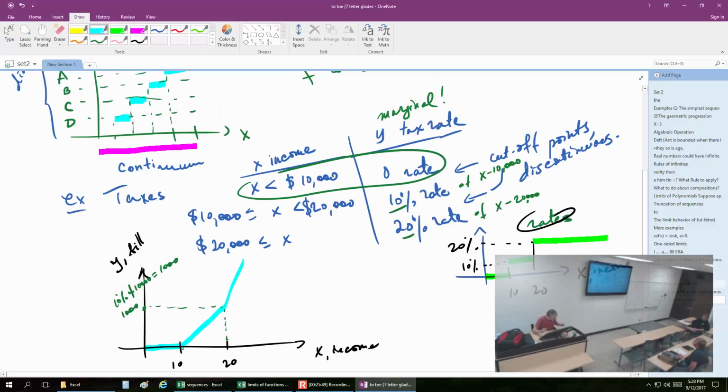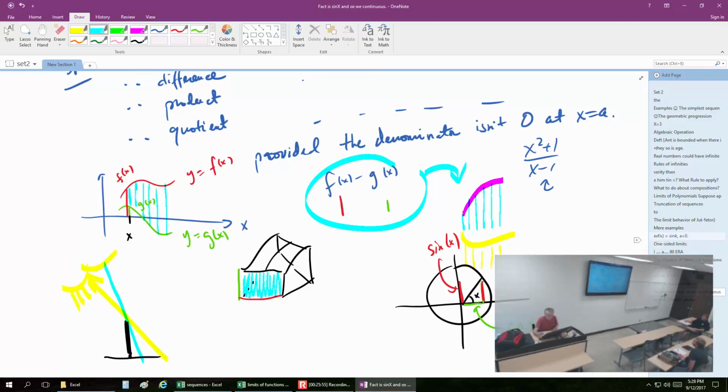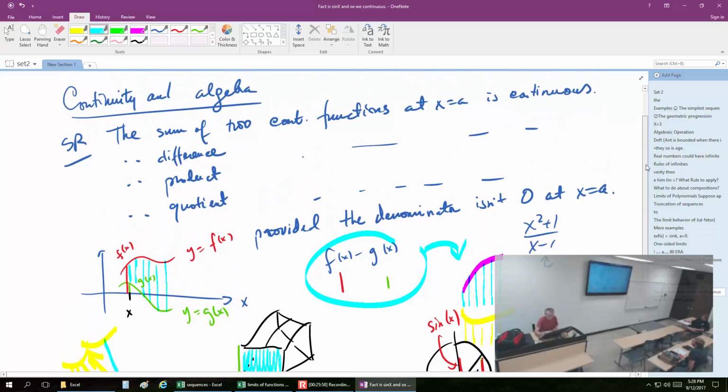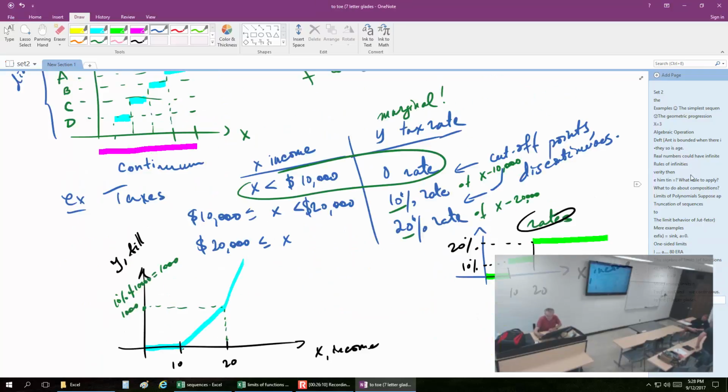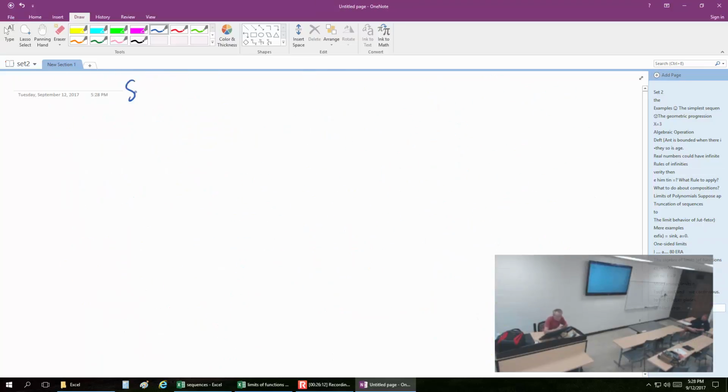So continuity, discontinuity, algebra preserves continuity. The property of continuity, the definition is to be used. So let me state the difference rule, product rule, and the quotient rule. And then there is the substitution rule, which is what we already talked about.